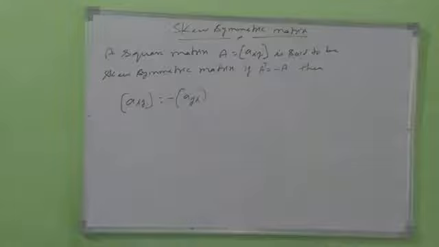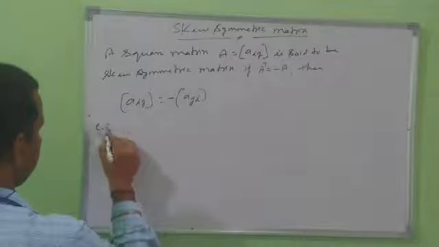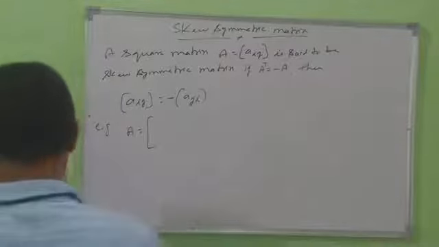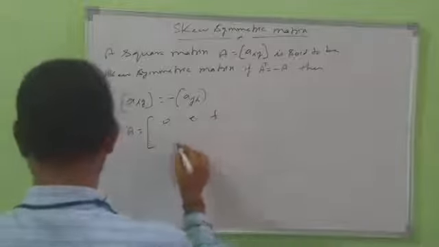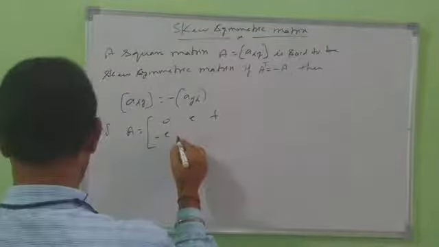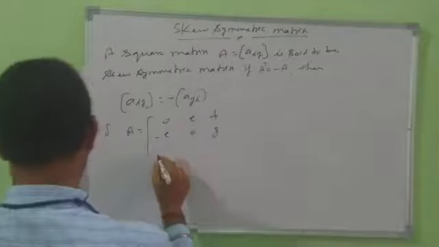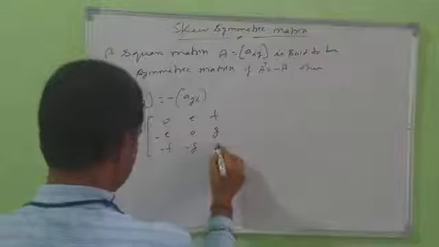What is an example of a skew symmetric matrix? Suppose any matrix A is with rows 0, e, f; minus e, 0, g; and minus f, minus g, 0.